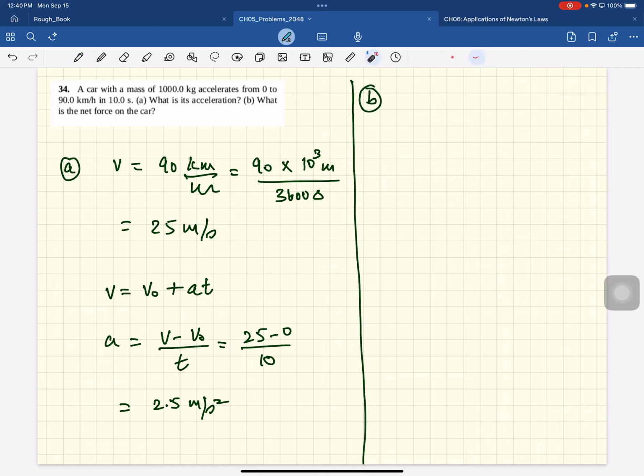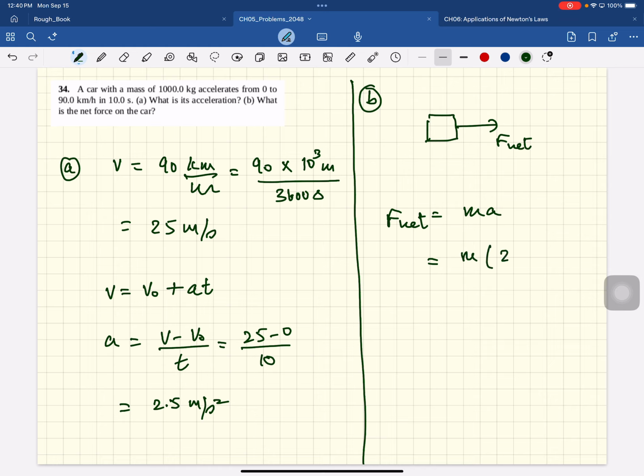And then they ask you what is the net force on the car, and the net force on the car is what gives it acceleration. So it's the mass times acceleration, and I'm going to not put numbers but write it like so.